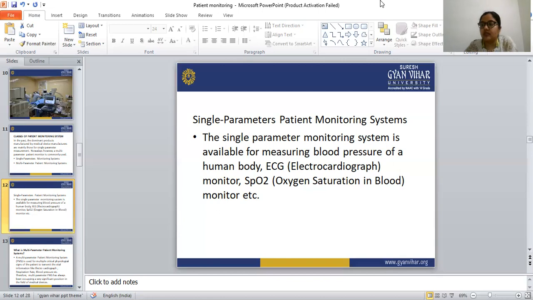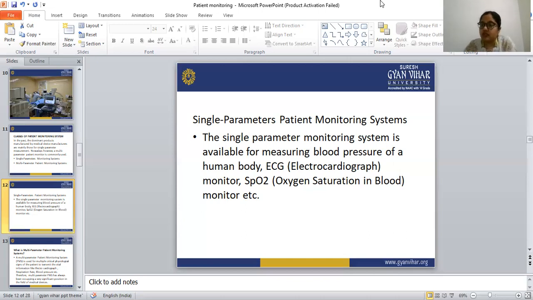The second disadvantage is that the system produces so much data that it confuses the nurse as to which one is appropriate for a particular task. When we are talking about the multi-parameter patient monitoring system, there is a lot of data produced by the system, and that is confusing to the nurses.